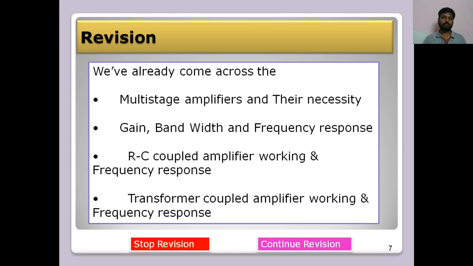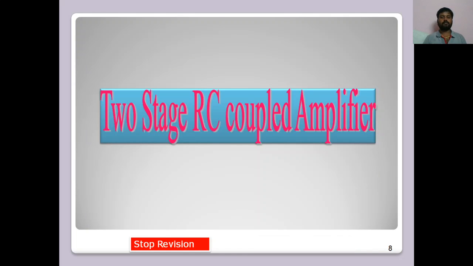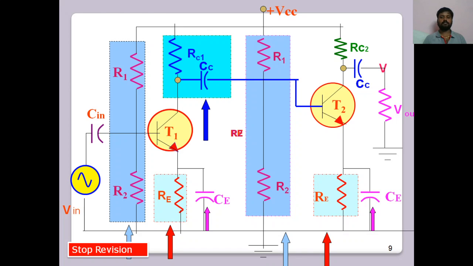Okay. Let us see what is a RC coupled amplifier, which we have discussed in the previous classes. Just to go through it. So here is the circuit diagram of the two-stage RC coupled amplifier. Here you can see the interconnection of two stages by using the coupling elements resistor and capacitor, collector resistor RC and coupling capacitor CC.